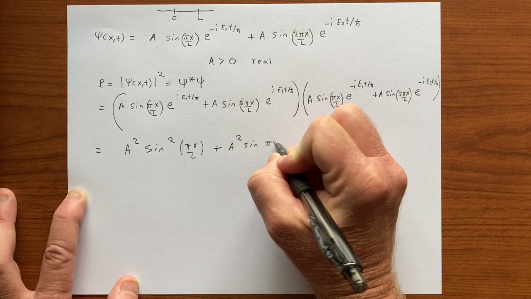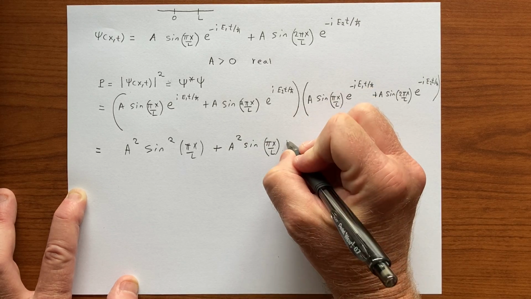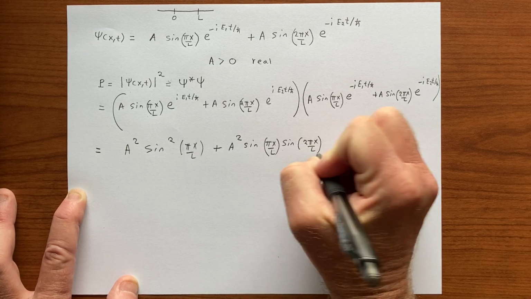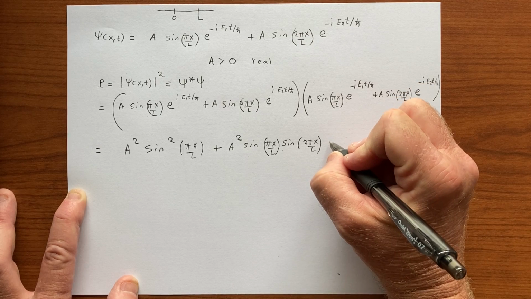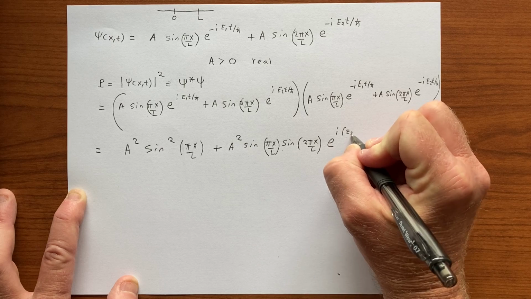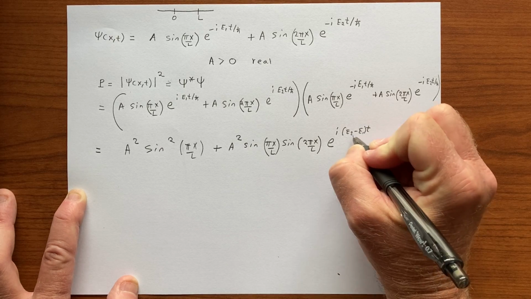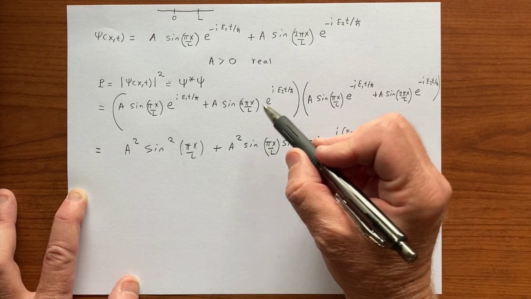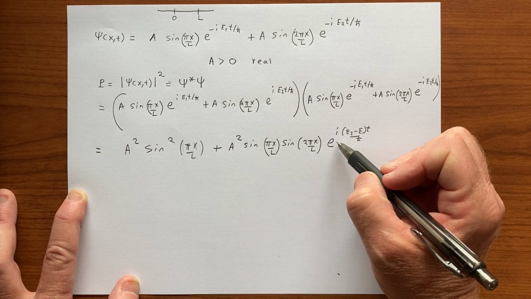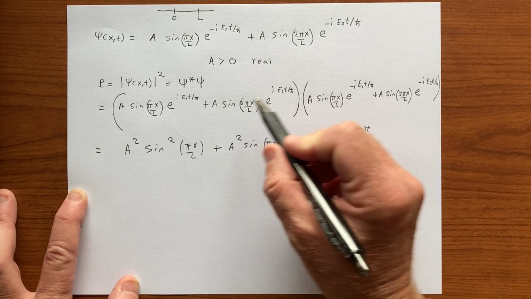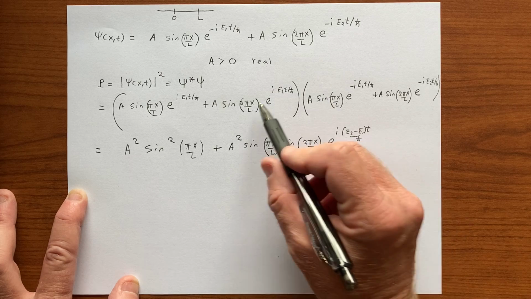Sine of pi x over L sine of 2 pi x over L e to the i (E2 minus E1) t over h bar. So this is this term, this times this.